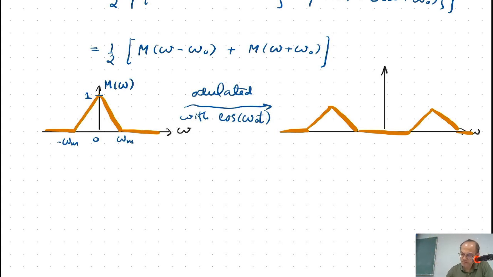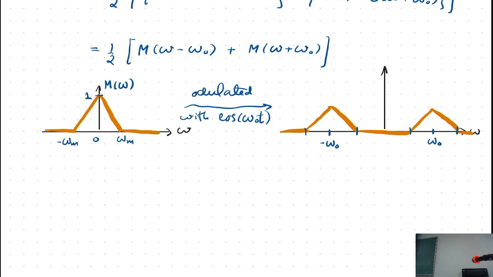So if we try to mark down the horizontal axis, this would be omega 0, and this would be minus omega 0. See, the signal m, you take half of it, and then you shift it to the right. Shift it to the right means you shift it to omega 0.